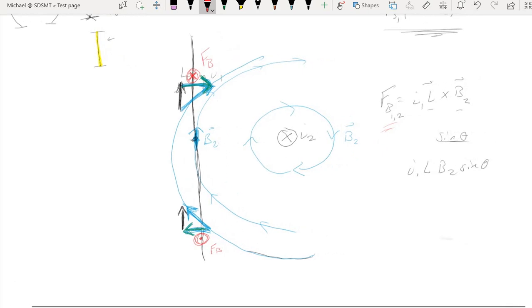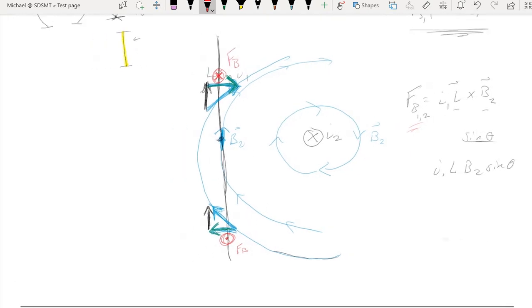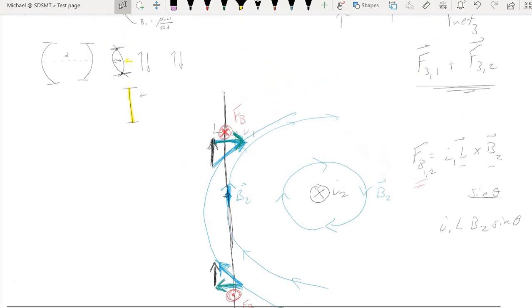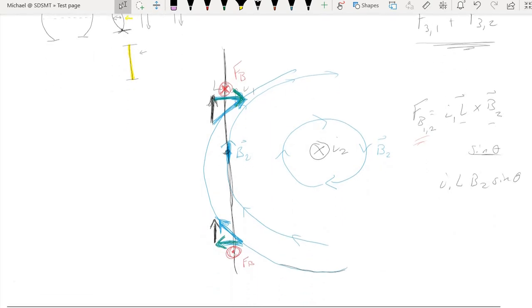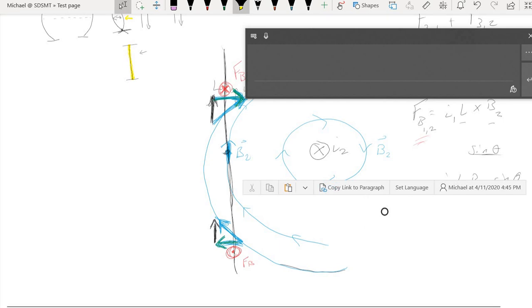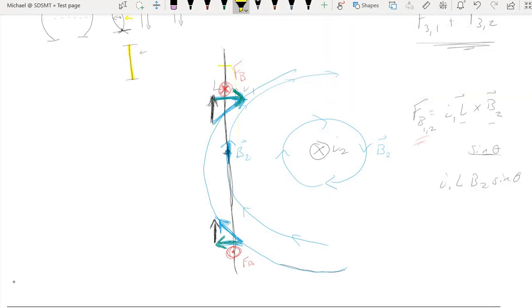So this is a more complex scenario that we'd probably rather avoid, but we can actually avoid that by putting some more conduit around our wire.